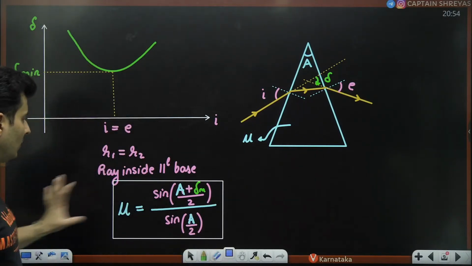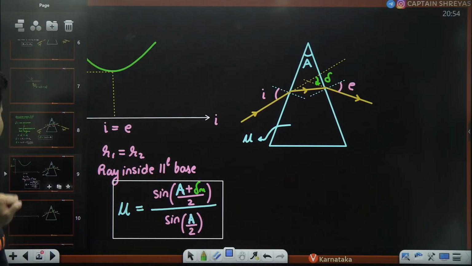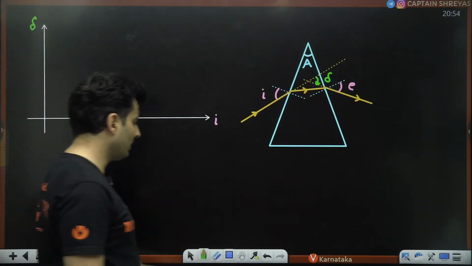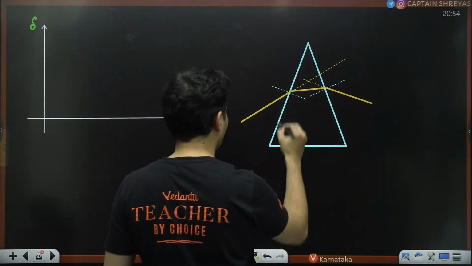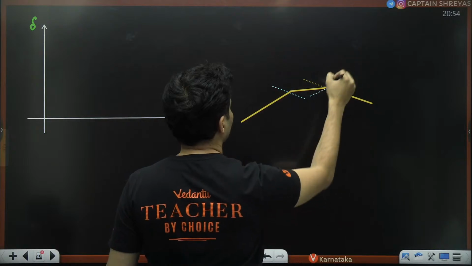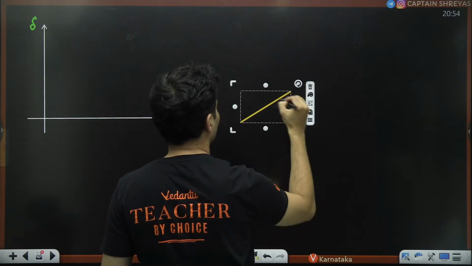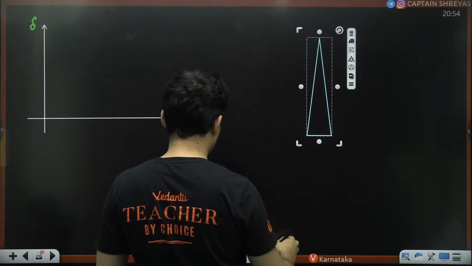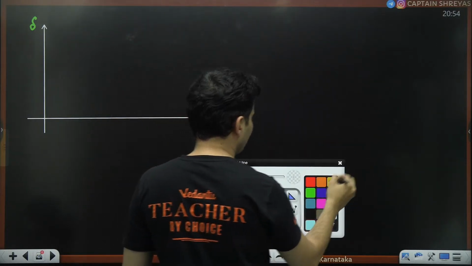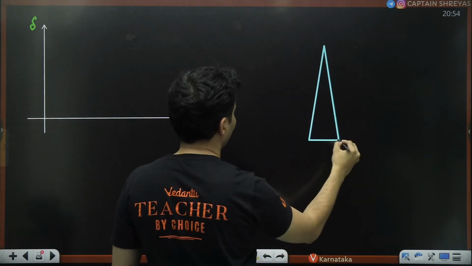So let me just also block this particular result. Okay, sir, fine. Now, once we have blocked this, there is a special criteria which is also given in your textbooks. So probably I will have to redraw this entire diagram, because they have told that what if you have a very thin prism?